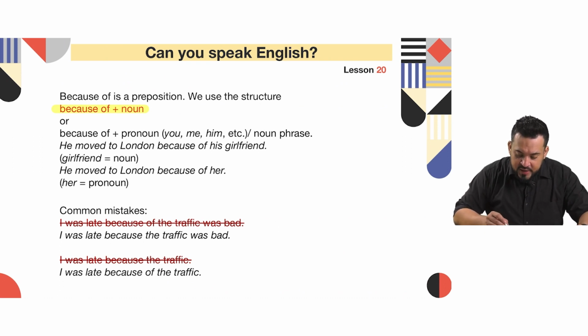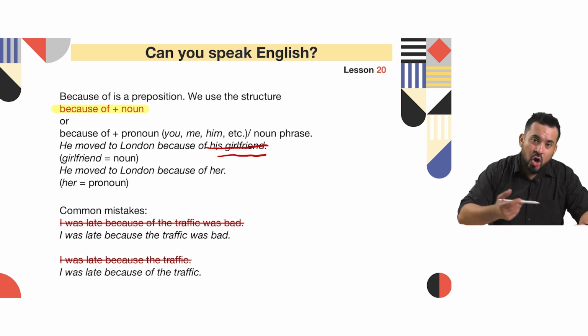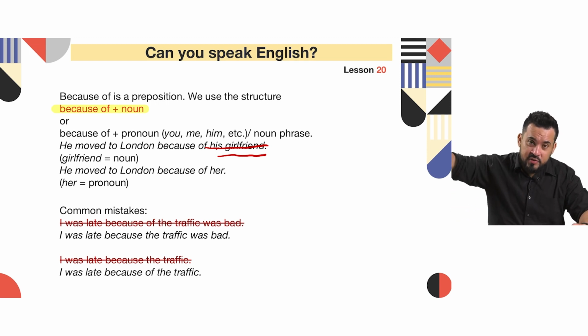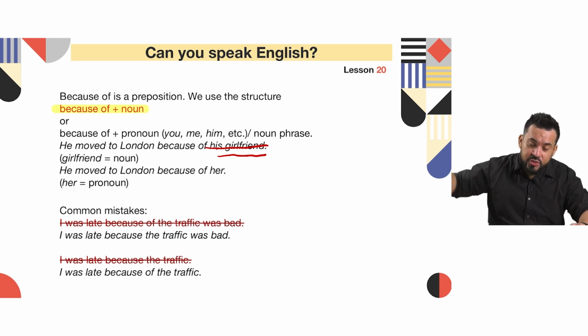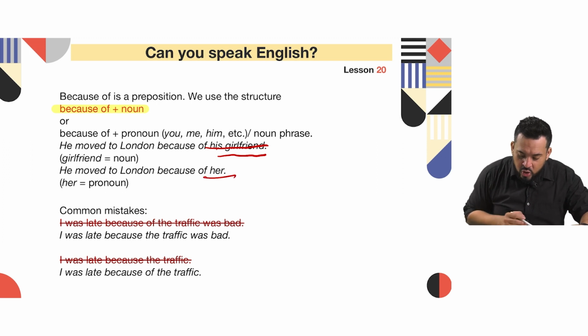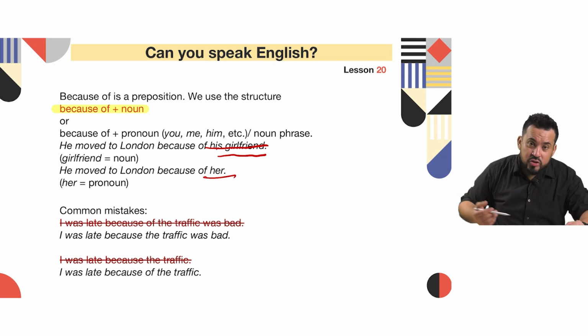If we want to replace his girlfriend, we are going to put the pronoun that refers to his girlfriend, which will be her, because she is a third person. She's not a you or an I. We're not talking directly to her. We are talking about her, and she is a third person, so we will use her. He moved to London because of her.